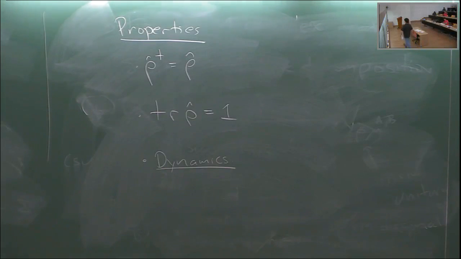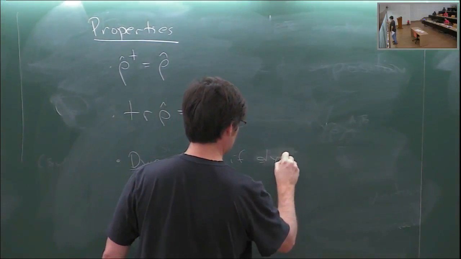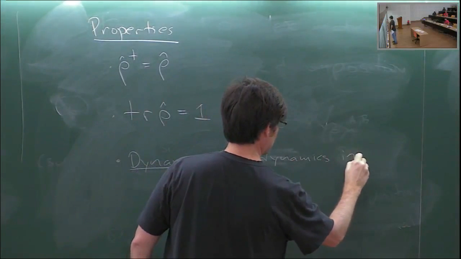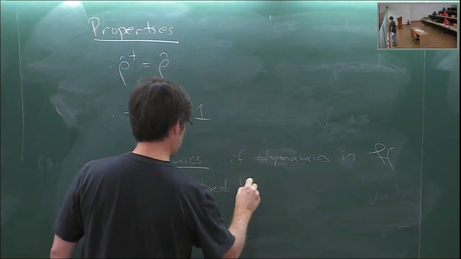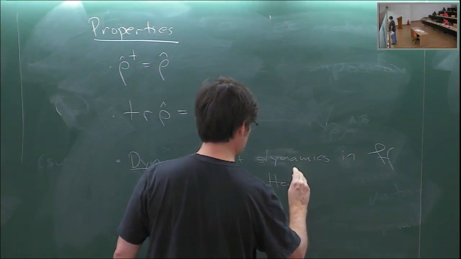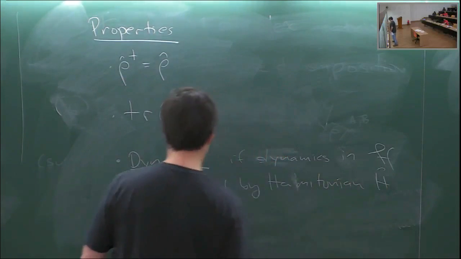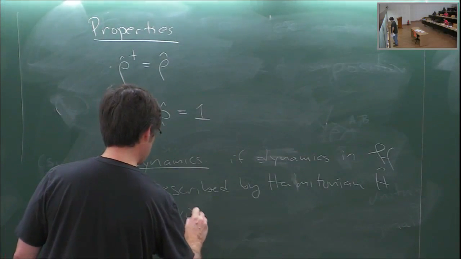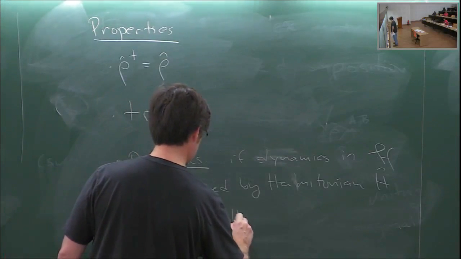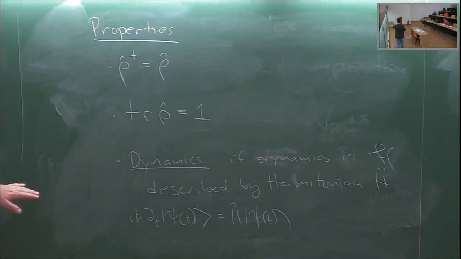So if the dynamics in H is described by a Hamiltonian H, so that i hbar d/dt, the evolution of any state is described by the time-dependent Schrödinger equation.